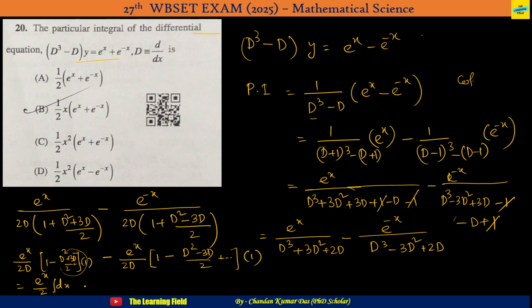So this is again we get minus e to the power minus x by 2 into 1, d means integration dx. So we get e to the power x by 2 into x minus e to the power minus x by 2 into x.